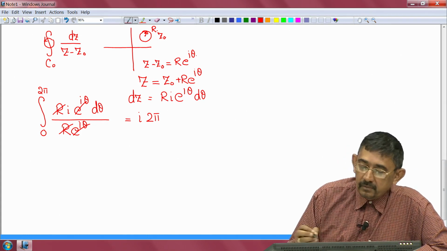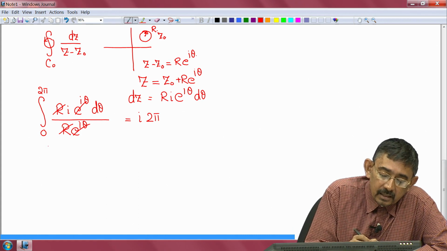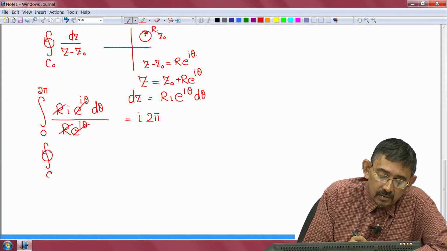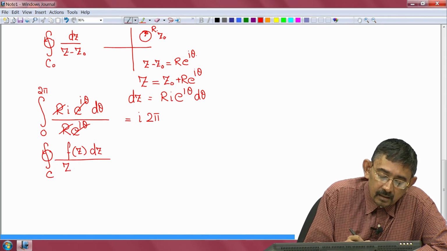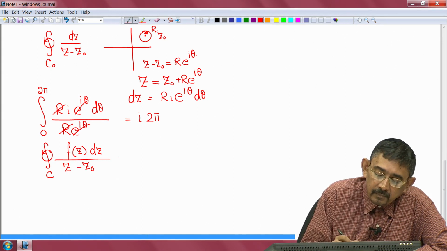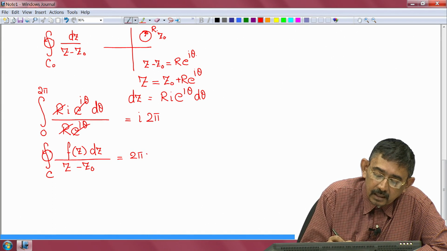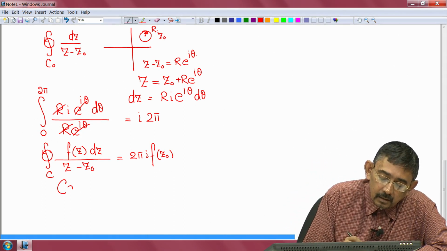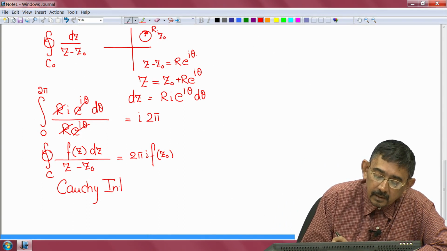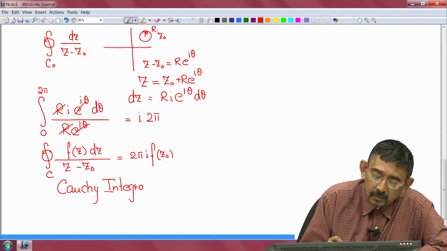So, if we add what is on the previous page, the integral I want, counterclockwise over C, f of z dz by z minus z0 is equal to twice pi i f of z0. This is called the Cauchy integral formula.